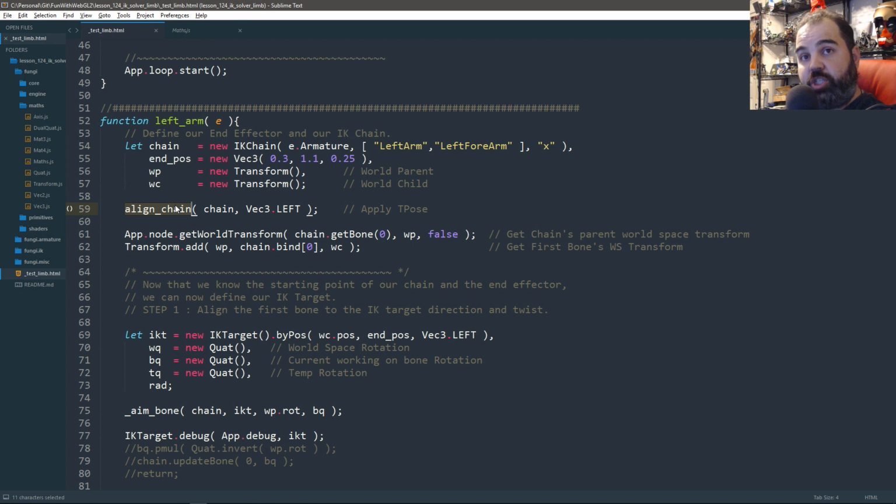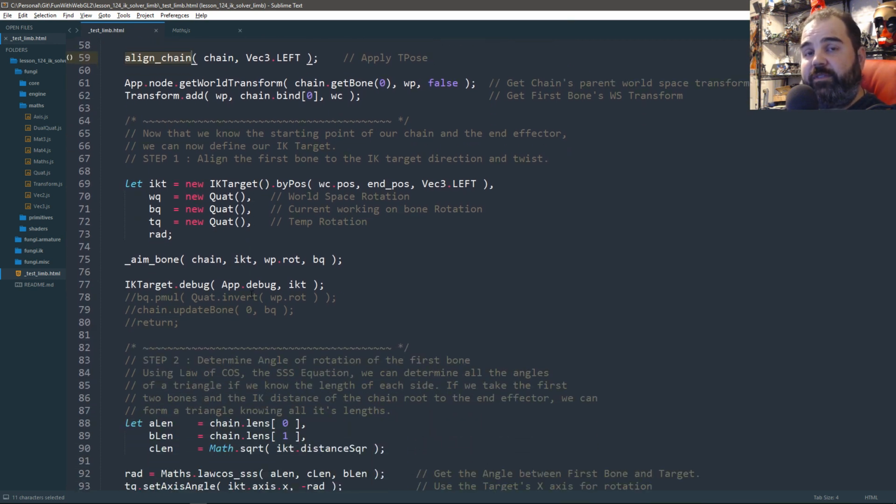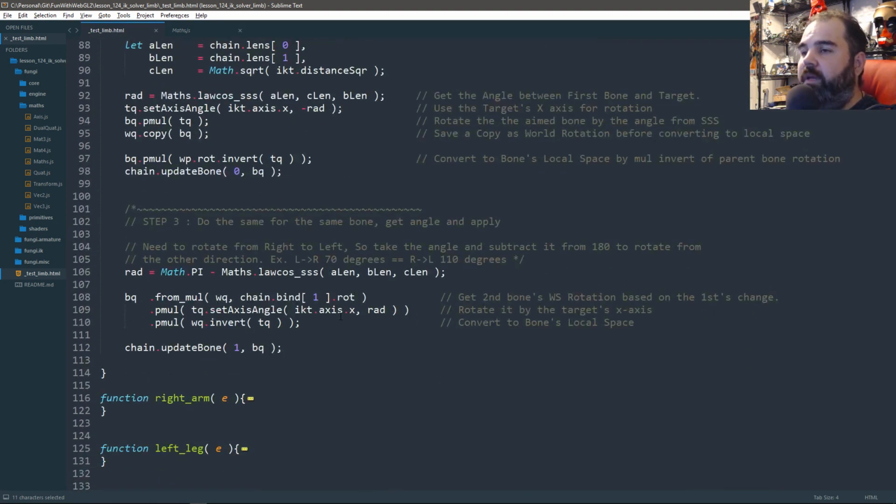So this way it's the straightened version, nice and straight, because once everything is nice and straight, it's really easy to calculate the rotation. So since we know what the perfect straight rotation is for that bone, we just take that rotation from the T pose, and we multiply it by our world rotation. Oh no, sorry.